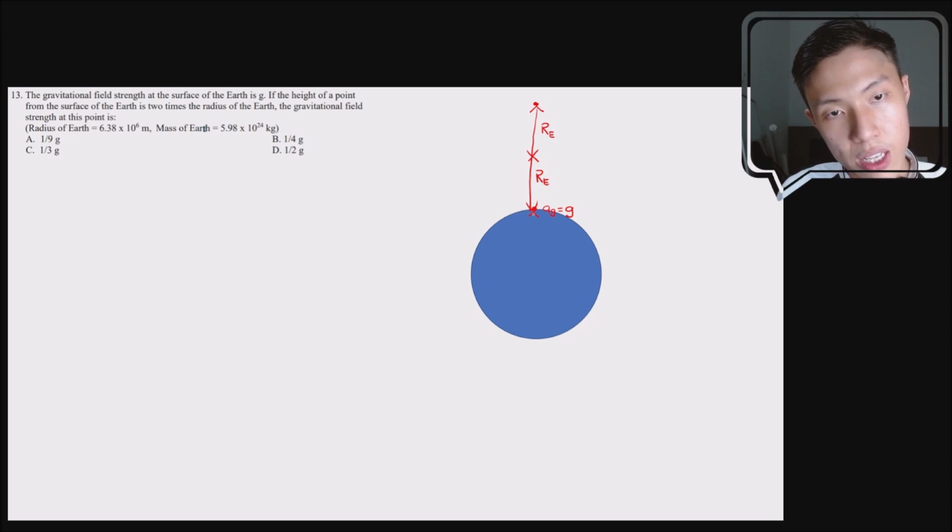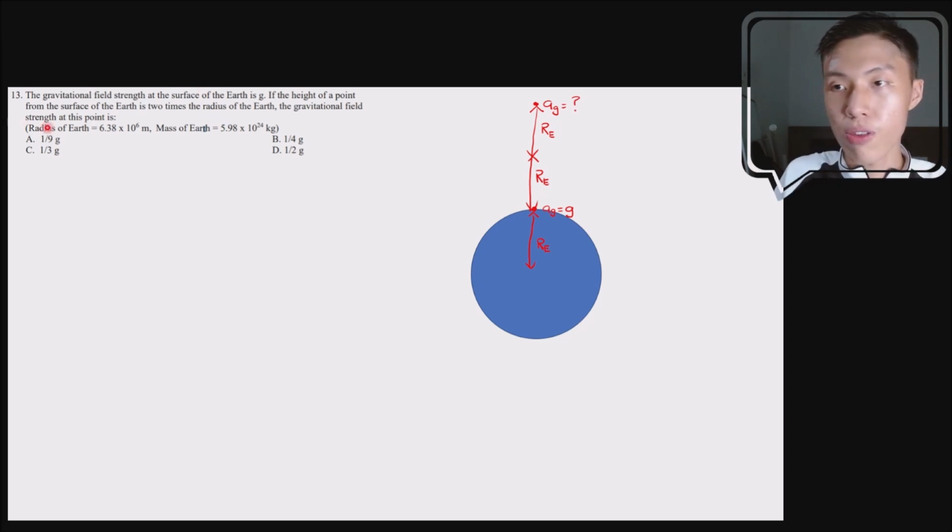Okay, so again, this is the radius of the Earth. So at a certain point, which has a height of 2 radius of the Earth from the surface of the Earth, what is the acceleration due to gravity or the gravitational field strength at this particular point? Okay, so you have to express it in terms of the gravitational field strength at the surface of Earth.